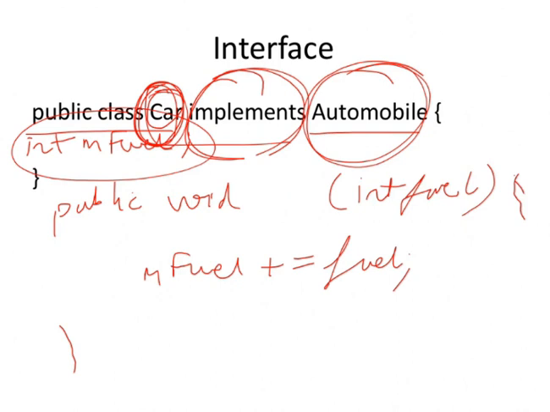So let me just correct it. Add fuel. So this add fuel takes in an input for a fuel and then adds that fuel into the m fuel instance variable.